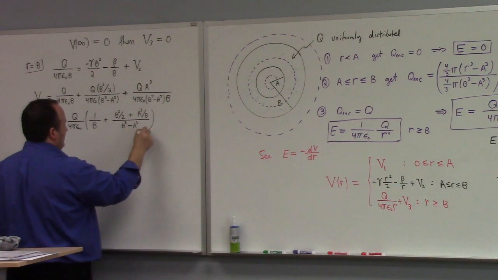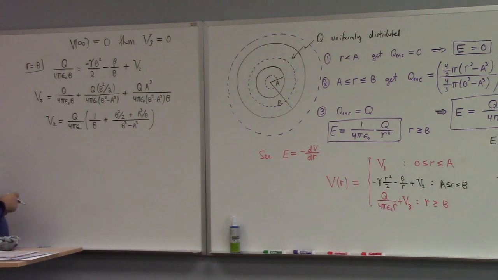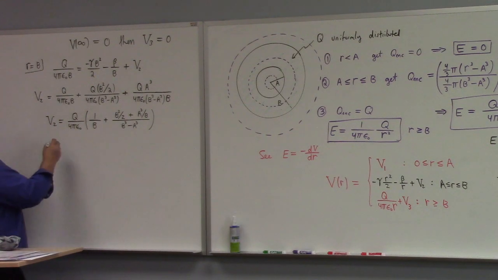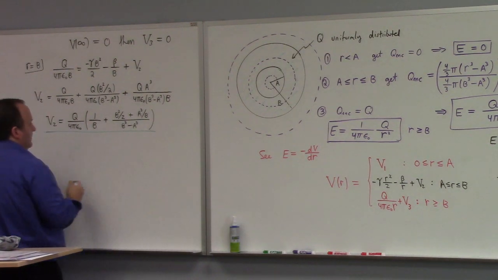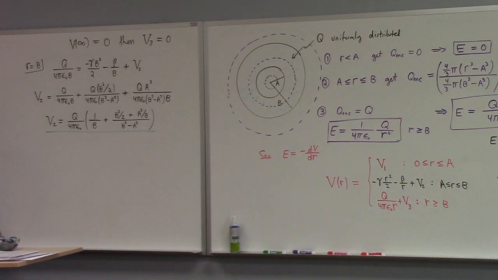It's a funny formula. So that's the voltage constant I'd have to use in the middle case in order to match up with the Coulomb potential. Right? So there's that. And then finally, what's V1?